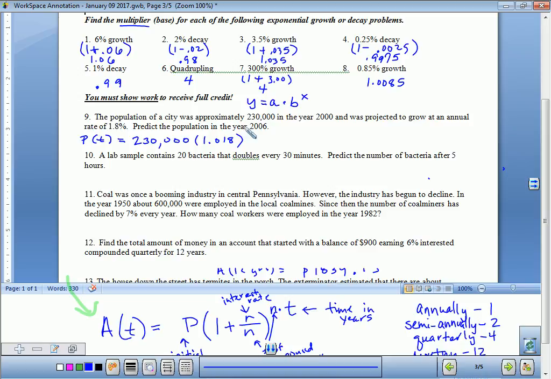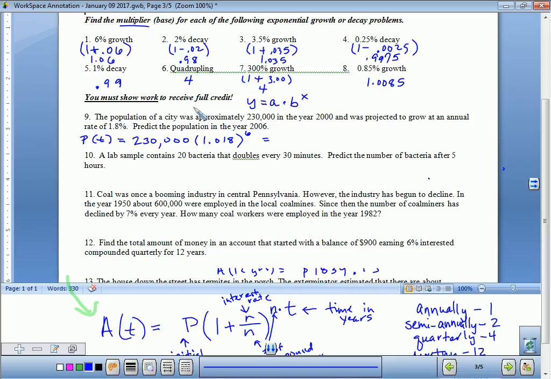And how many years elapsed between 2000 and 2006? 6. So we'd raise that to the 6th power. Okay, exponential growth. When we are talking about a living organism, we give it to the nearest whole. In this case, we are talking about people, population of a city.